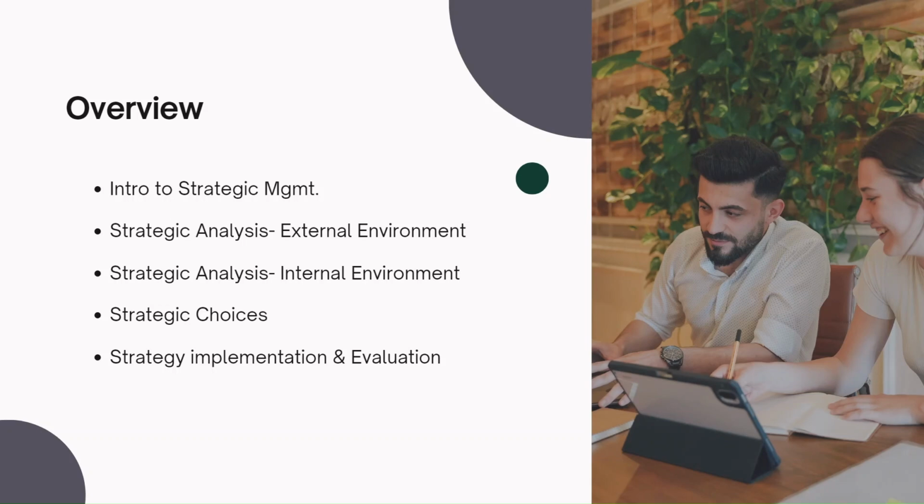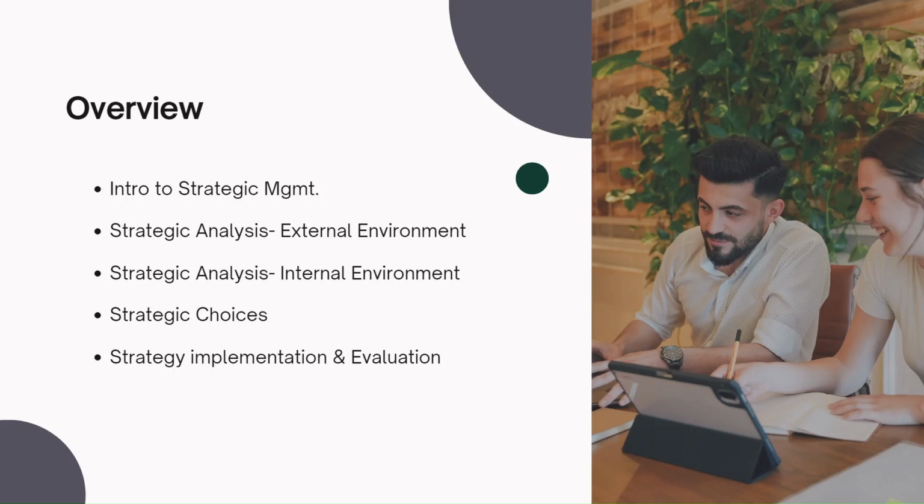The business is deeply connected with the environment in which it operates. The environment affects the decisions of the business. Whatever decisions the business takes, it affects the environment, and the environment also affects the business. So we are going to understand what the external environment is and what analysis I have to do while taking strategic decisions.